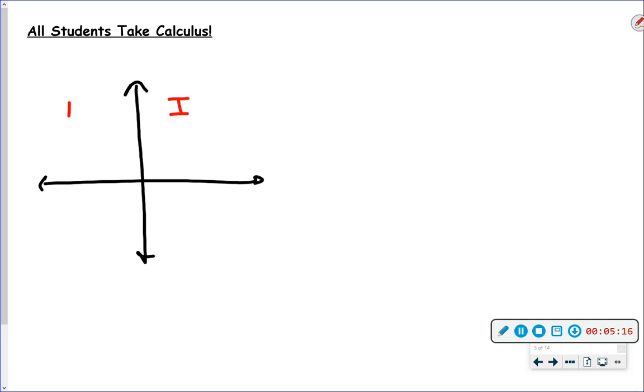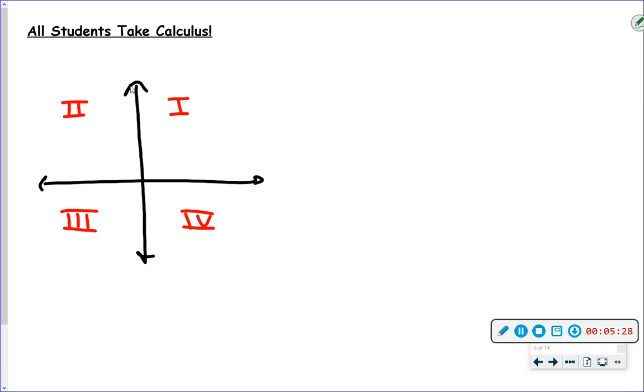So here's a little saying, all students take calculus, to try to help you figure out where to draw it. So I'm just going to draw our coordinate plane here. I'm going to label, of course, our quadrants. Okay, so the first letter in each word of the phrase all students take calculus is what's important.